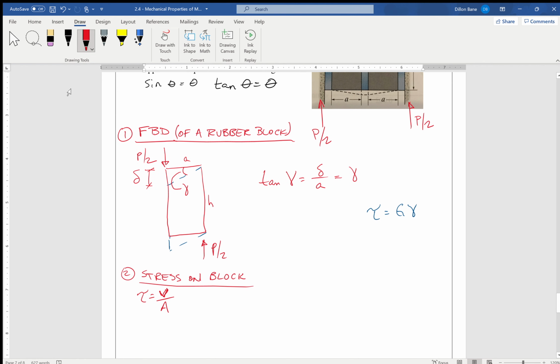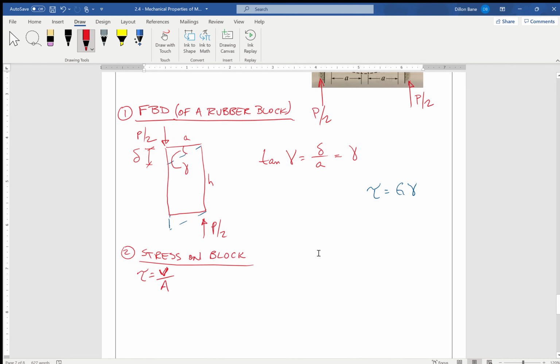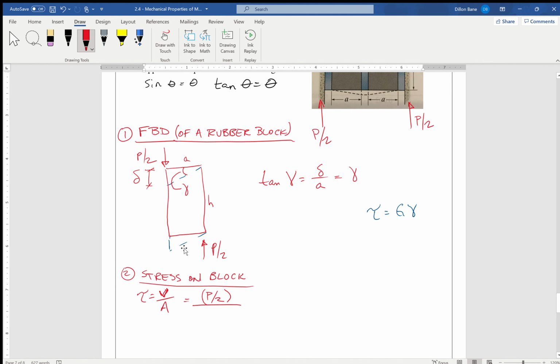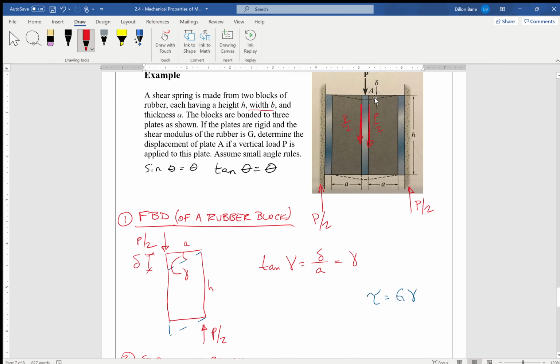So it may be evident to some, it may not be, but V is going to be the amount of load that shears this block, and it's going to be P over 2. So P over 2 is the V. And the area over which that P over 2 force acts is going to be the area of the rubber block.